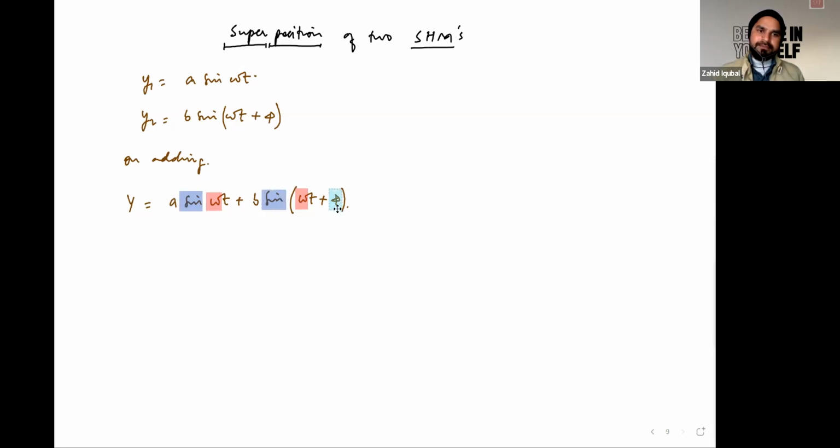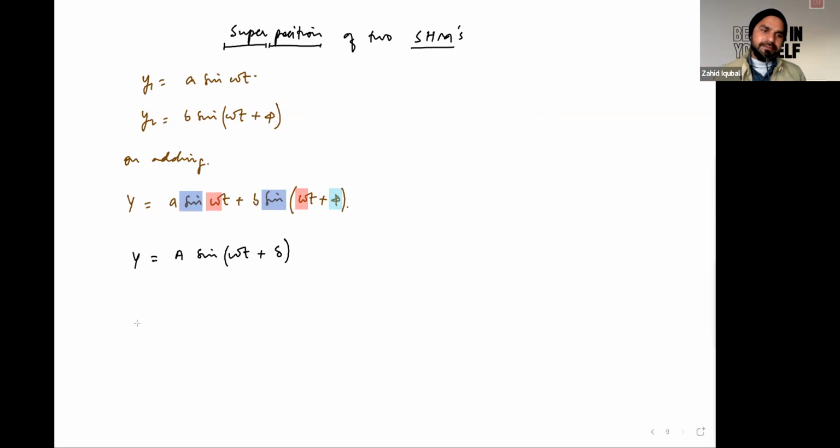So on adding this entire term, you will get y is equals to A times sine omega t plus delta. So how to calculate capital A using the above expression and delta using the above expression?